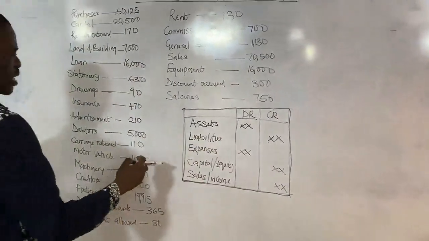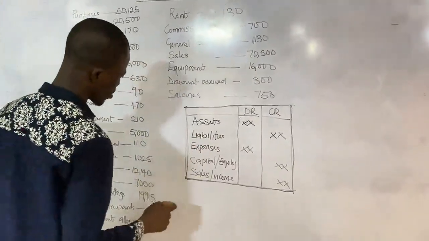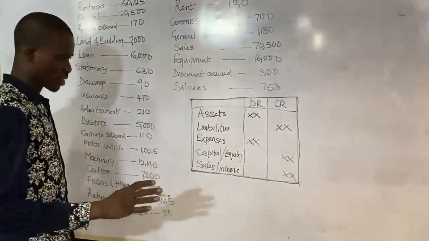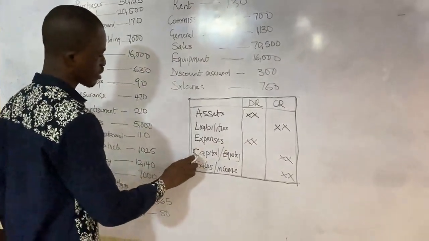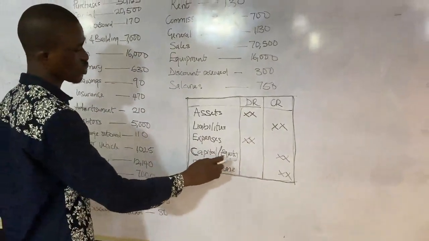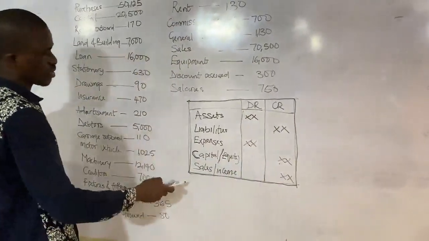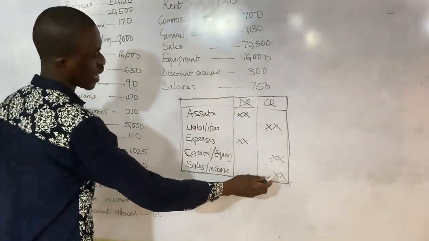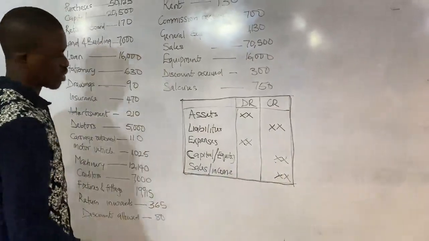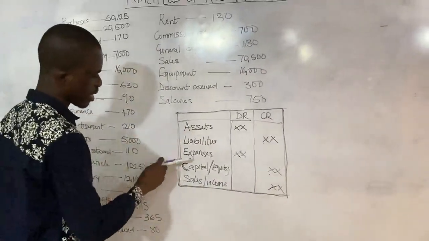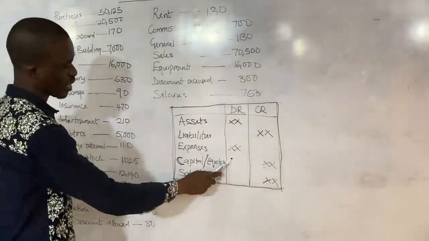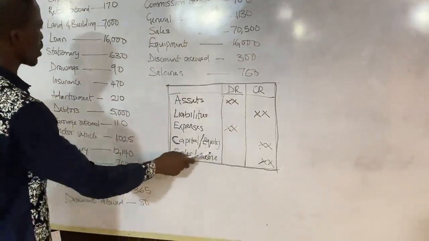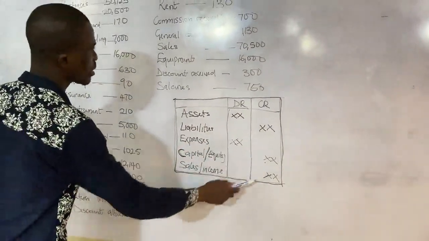Anything that is expenses, you just put at the debit side. That's just the principle. Anything that is capital or equity, you put at the credit side. Any transaction that is sales or income will also be at the credit side. So assets and expenses will be at the debit side, whereas liability, capital or equity, or sales or income will be at the credit side.